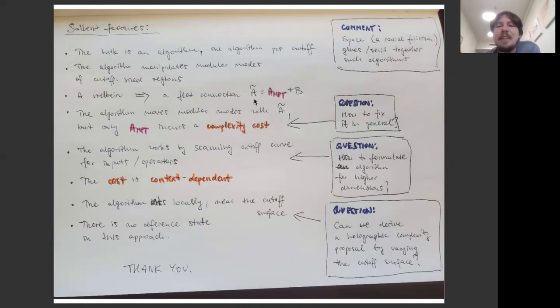You might say, I just have a bunch of cutoff-sized regions on the boundary. But then it will not tell me what the B's should be in general. So if that's the question, then the answer is the B relies on holography. And even the cutoff surface relies on holography.